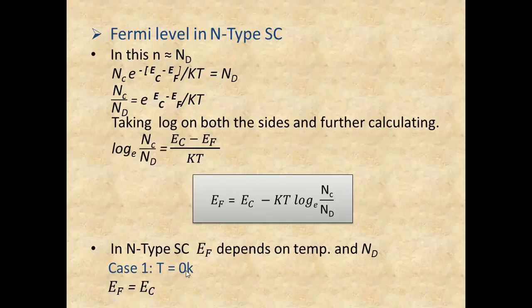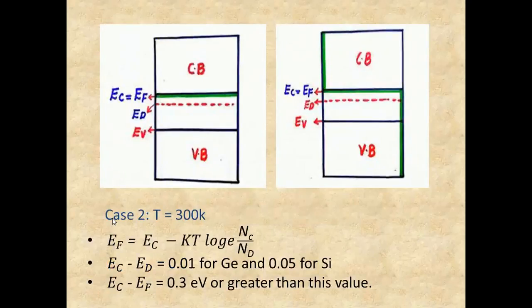Now see, when temperature is 0 Kelvin, what happens? When temperature is 0 Kelvin, your Fermi energy will be equal to the conduction band energy. Okay, so see here the figure. Here the Fermi energy almost coincides with the edge of conduction band.